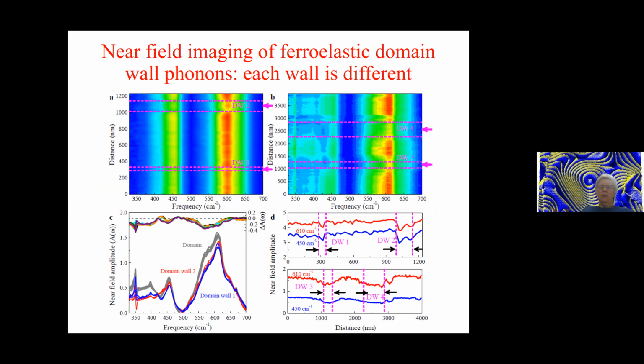Everyone is different, but you can do constant frequency cuts and constant distance cuts to unravel some of their different properties. And what you can see is that these walls are all semiconducting. They're surprisingly wide. And in fact, you can map some of their properties back to predictions for order parameter behavior across the wall.